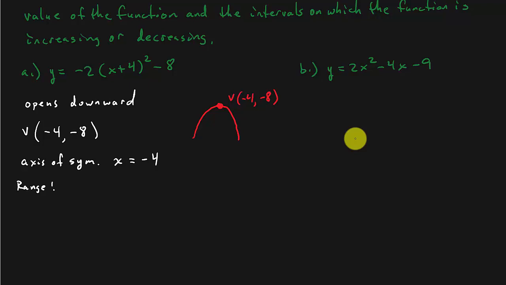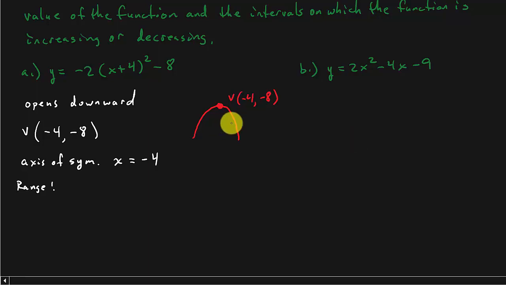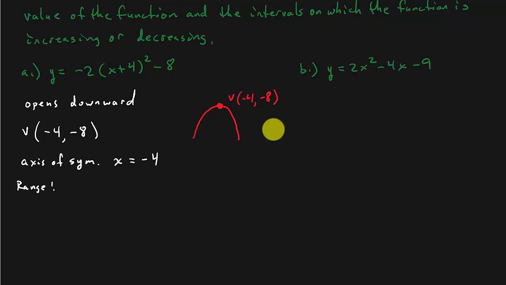Right now I'm talking about the domain. That's all the x values that it's going to hit. This thing's going down forever, but it's also going left and right forever. They don't ask us to find the domain, but I just thought I'd mention that.